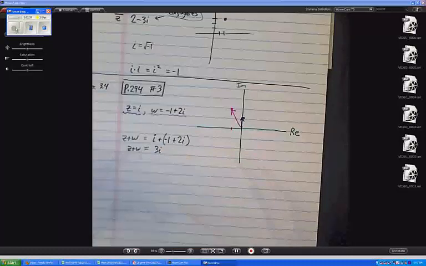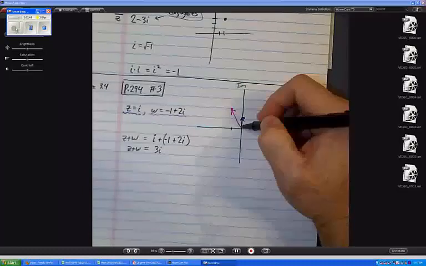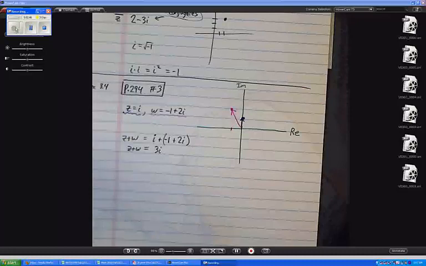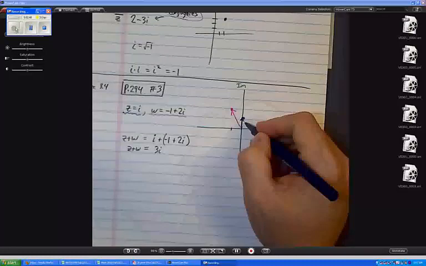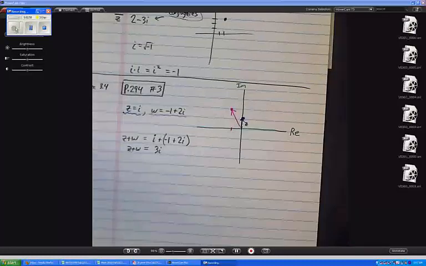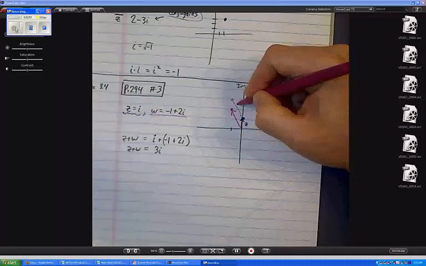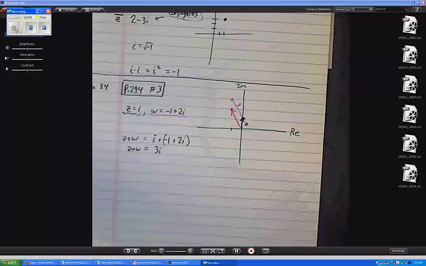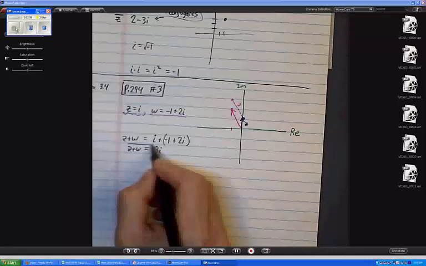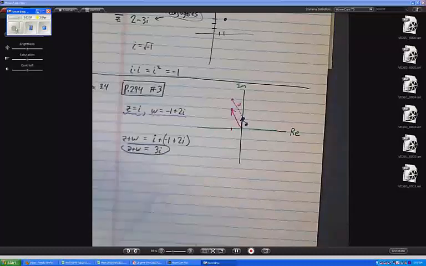But like I said, if you want to have fun with that, what you do is, remember z is this blue one. If I take w and I kind of go tip to tail with it, right here, okay, then the sum z plus w equals, oh, I missed something.